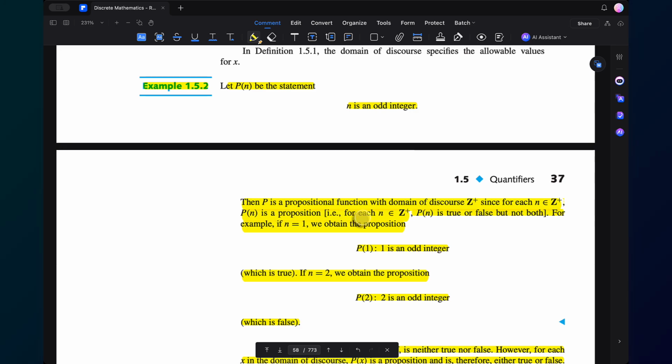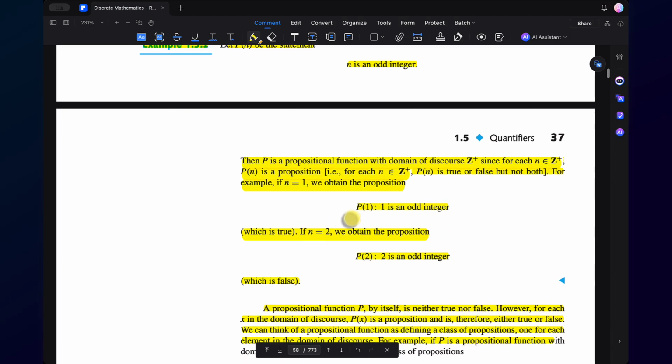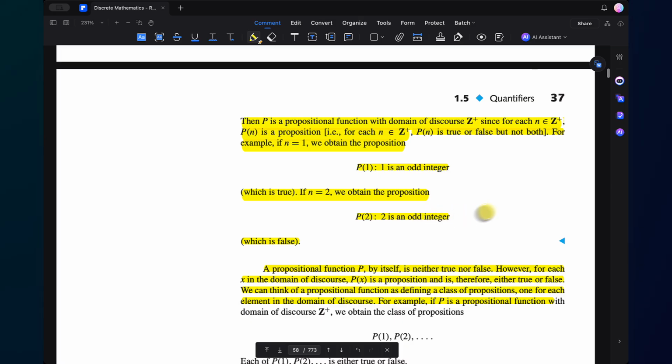That is, for each n in Z plus, P of n is true or false, but not both. For example, if n is 1, P of 1, 1 is an odd integer, is true, but P of 2, 2 is an odd integer, that's false.